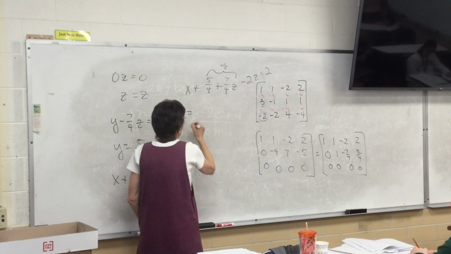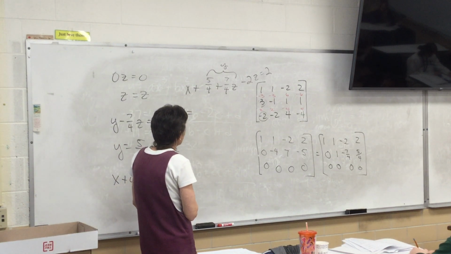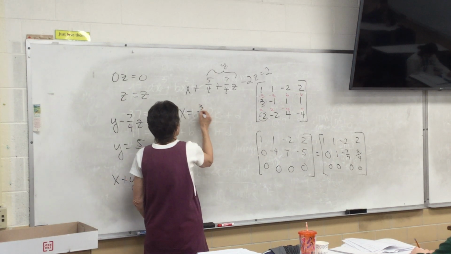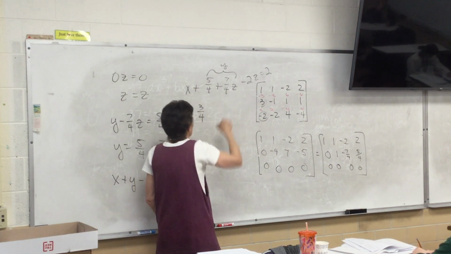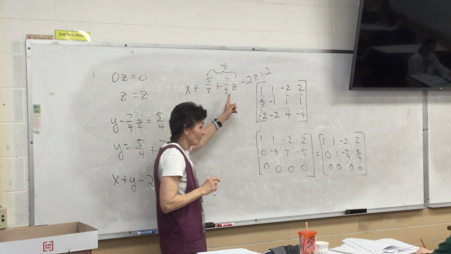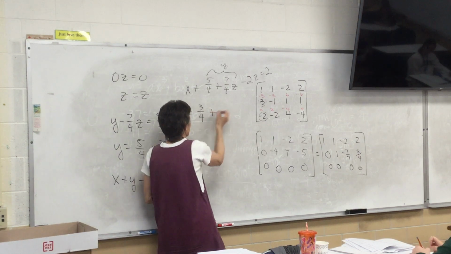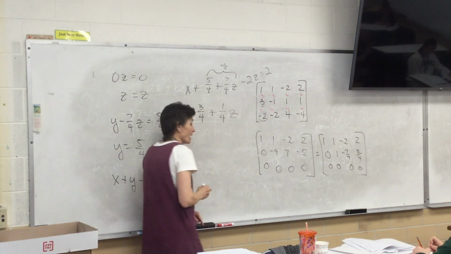So x equals, all right, now let's see. What's 2 minus 5/4? 3/4. I subtract the 5/4 over there. And these two added together make -1/4, so plus 1/4 z, if I move it to the other side.